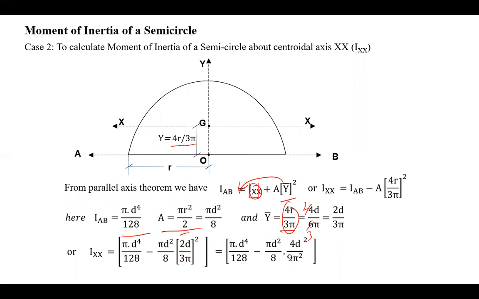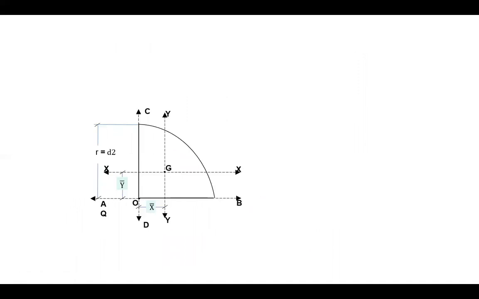If you multiply this, 4 by 9 is 72. So Ix will become pi by 128 minus 1 by 18 pi, because for 18 I will get this 72.